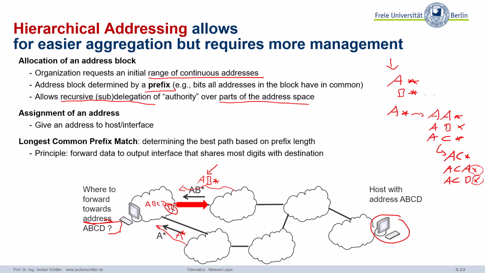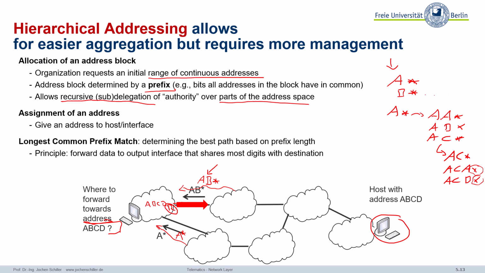We will see how this works, and that's one of the key ideas, that we have addresses that allow for aggregation, and if we want to establish a path, we follow the path based on these announcements, and we always pick the longest common prefix that matches.